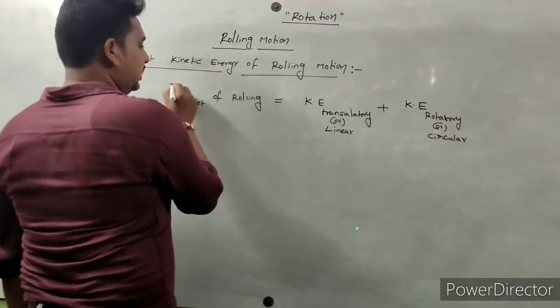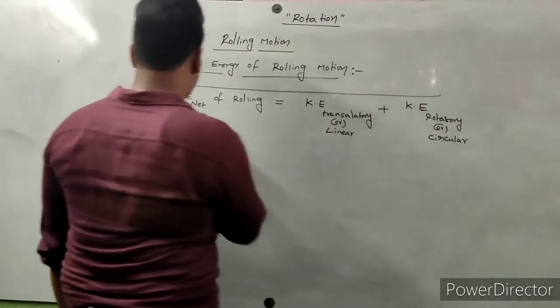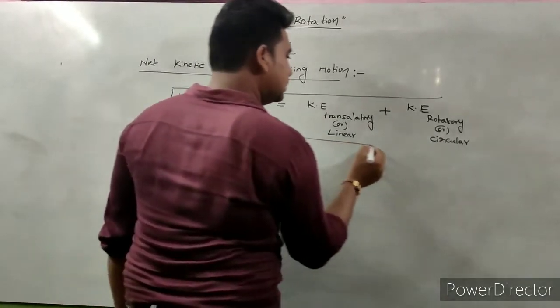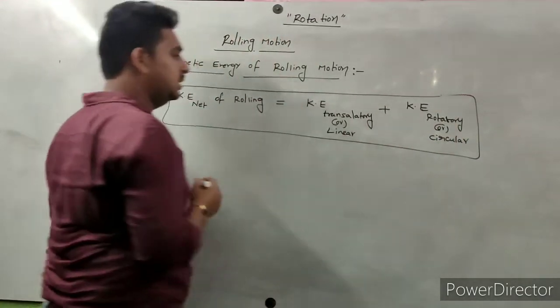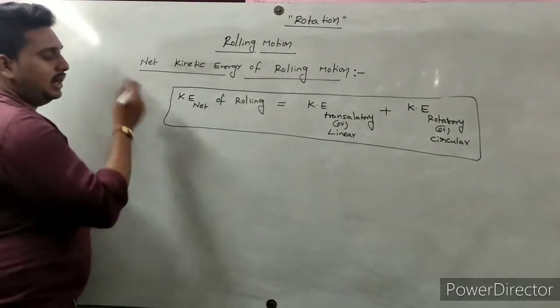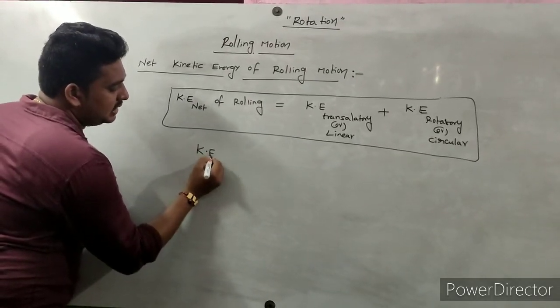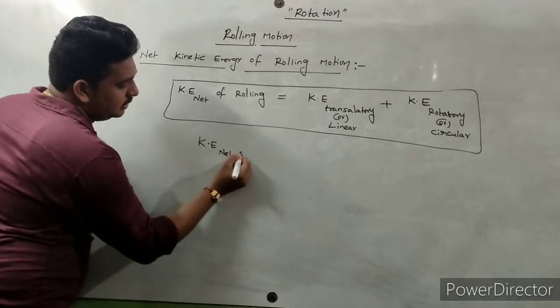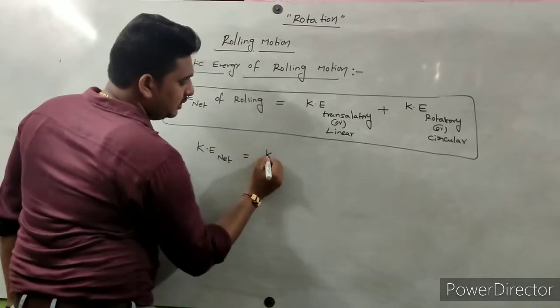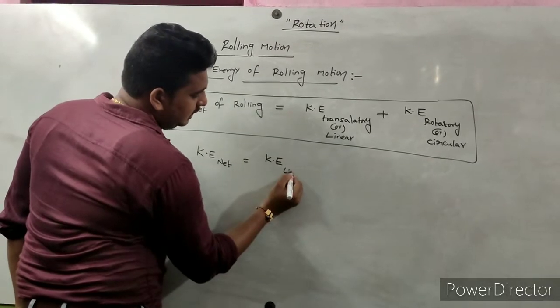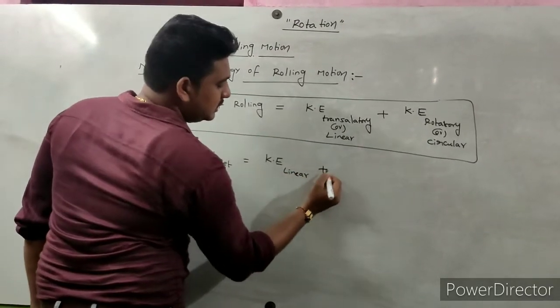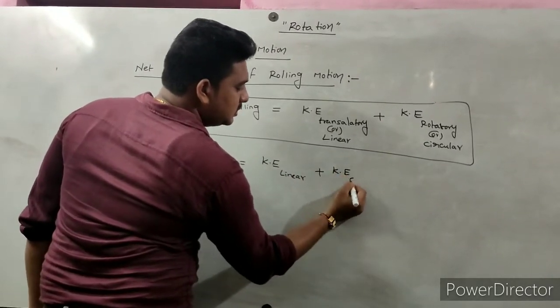This is very important. Kinetic energy net is equal to kinetic energy of translatory plus kinetic energy of rotatory. So KE net is equal to KE linear plus KE circular.